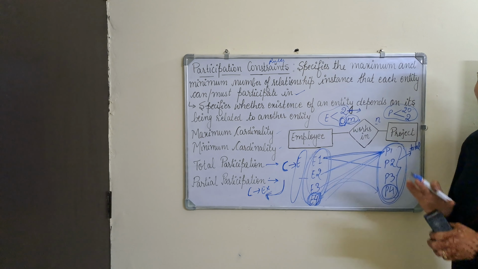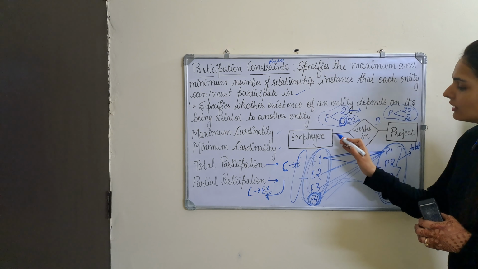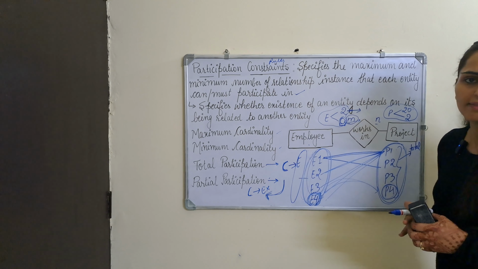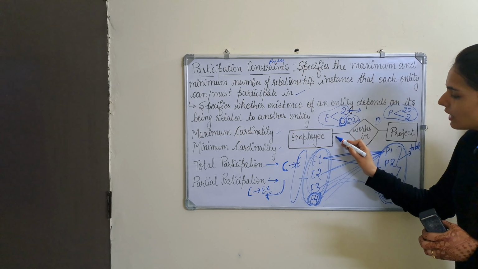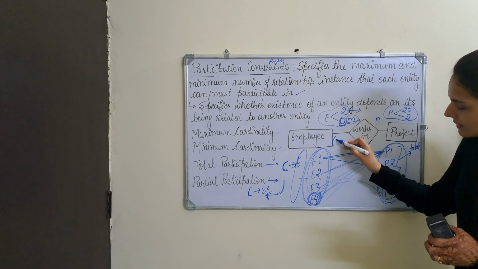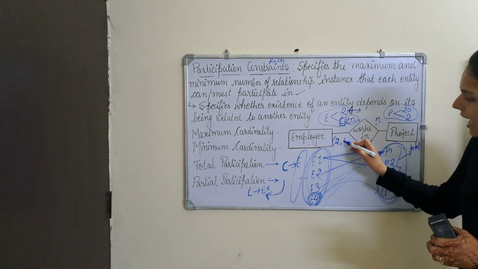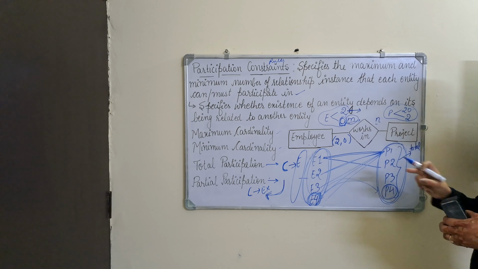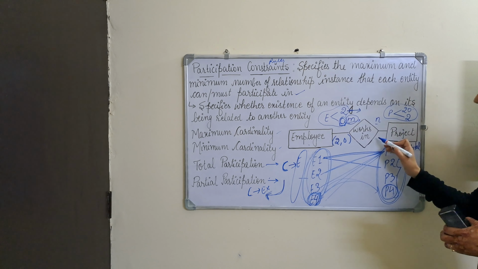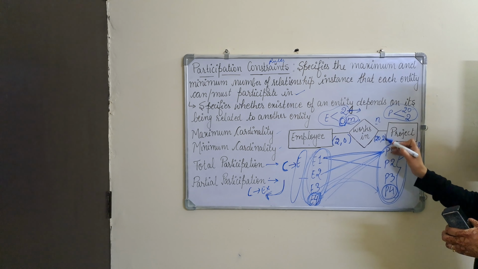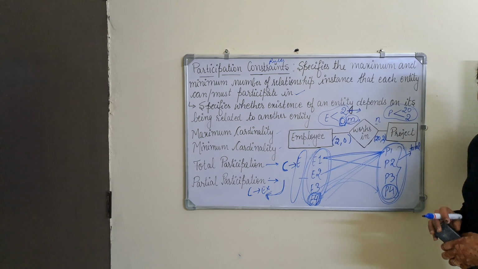But with this edge, we cannot know the maximum cardinality and the minimum cardinality. So we can represent that with this: the maximum cardinality for employee is 2 and the minimum cardinality is 0. And likewise for project, the maximum cardinality is 20 and the minimum cardinality is 2.